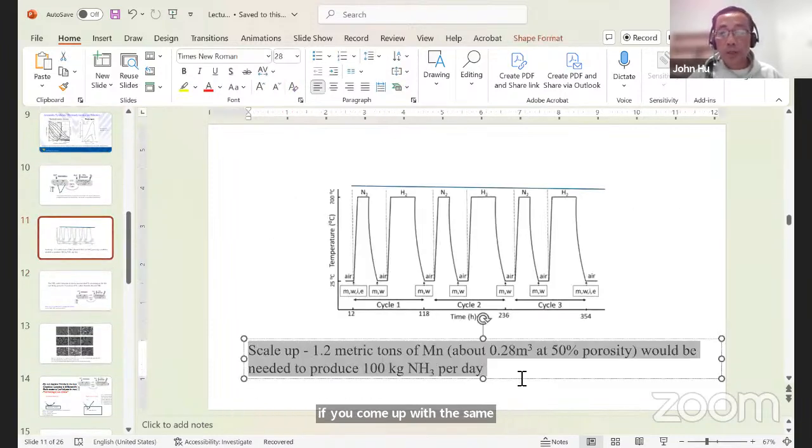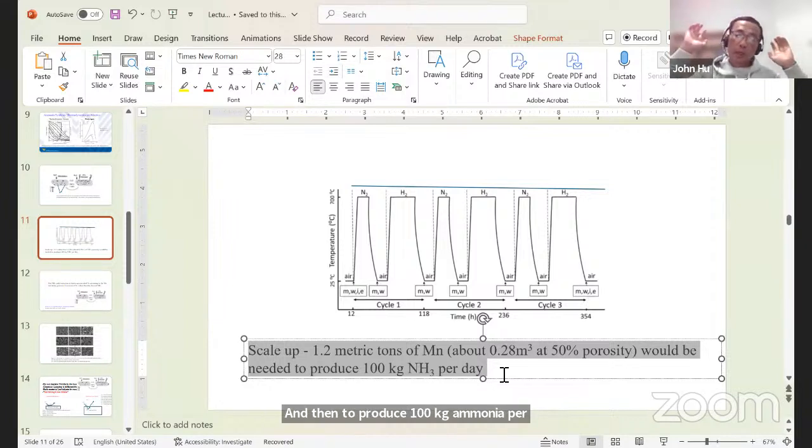Read that paper, and this is what I cited from the paper. They need 1.2 metric ton of manganese to produce 100 kg ammonia per day. All the data are in our paper, so you don't have to spend too much time. Just read some of the key data, see if you come up with the same thing.